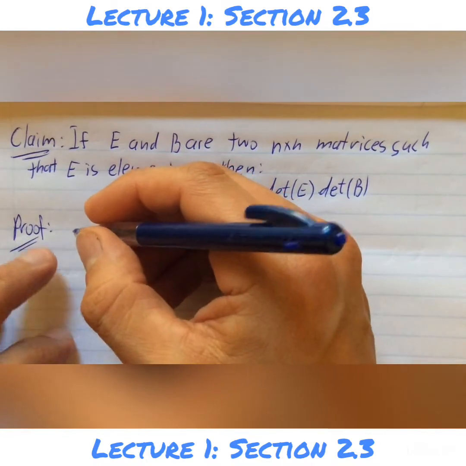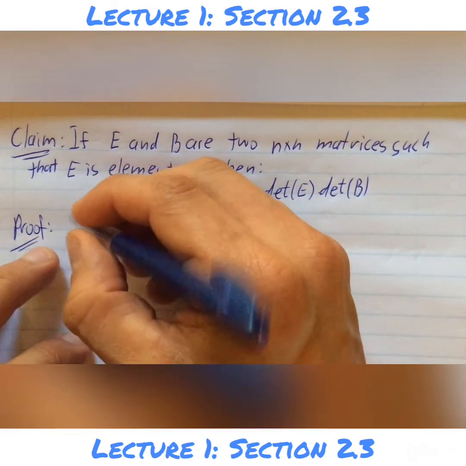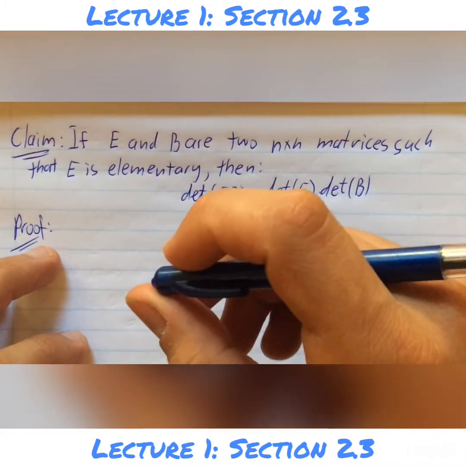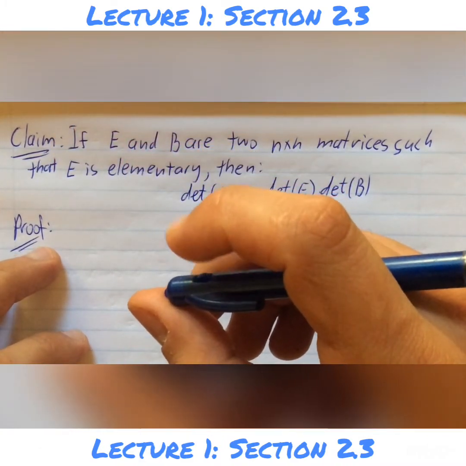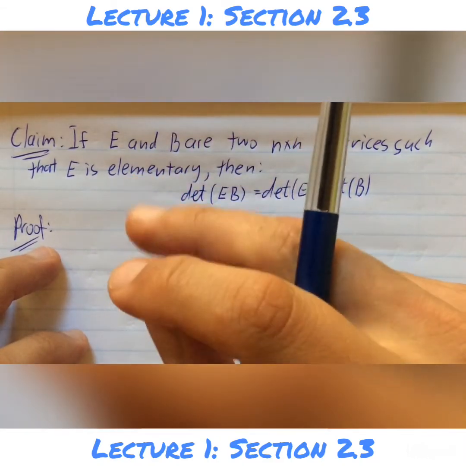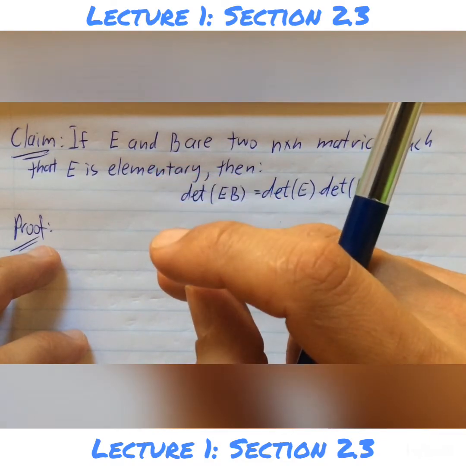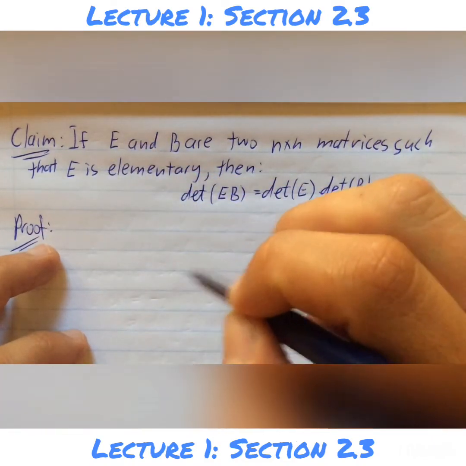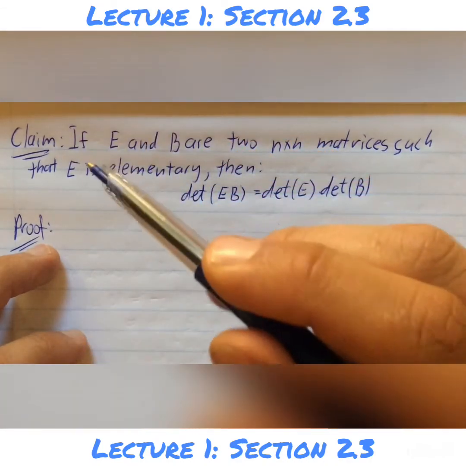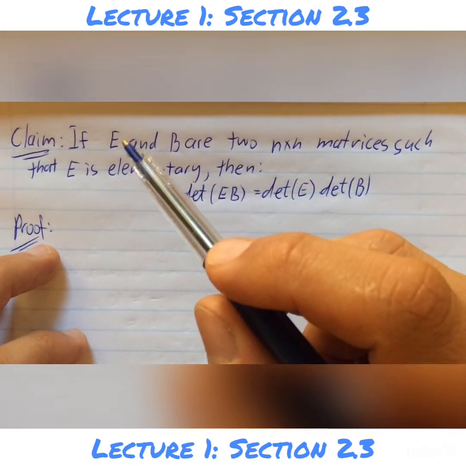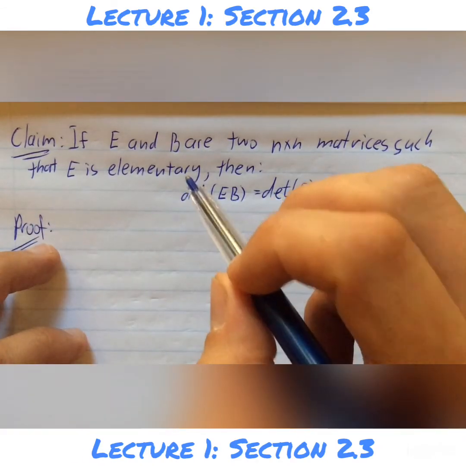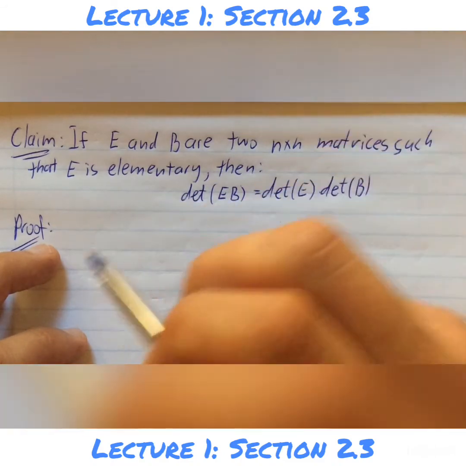So we need to consider three cases. Remember, an elementary matrix is a matrix obtained from an identity matrix by doing one of three things to the identity matrix. The first one is interchanging two rows of the identity matrix. The second one is adding a multiple of one row to another row. And the other way of getting an elementary matrix is multiplying a row of an identity matrix by a scalar c.